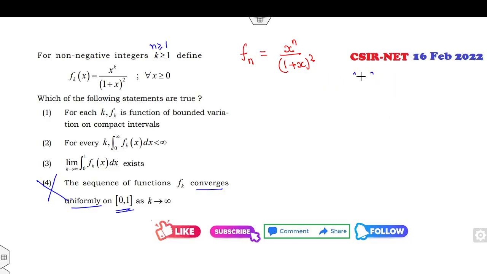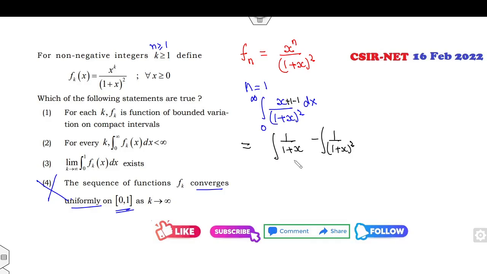Now, look at this. For every k, this integration is finite. So k means n. If I choose n as 1, what is the integration from 0 to infinity of f1, x over 1 plus x squared? Definitely this limit does not exist. Why? If I add 1 and subtract 1, then clearly this is a separate part.